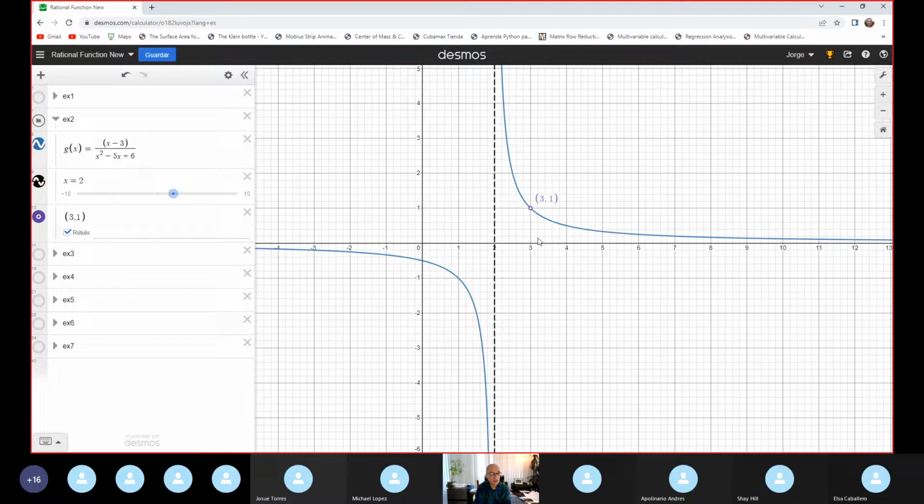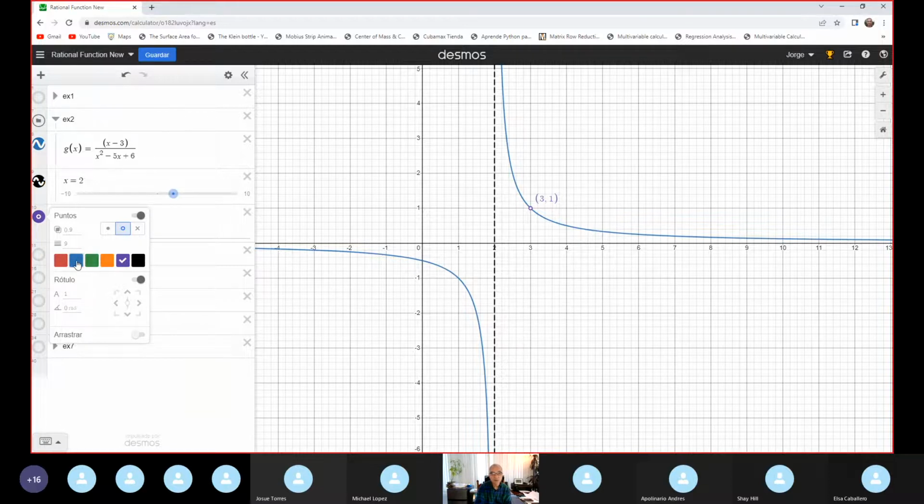And the hole, well, you represent it like a point, (3, 1), but you use a different style. To see the style, you click on the icon, left click with the mouse and hold, and you select the color that you prefer.